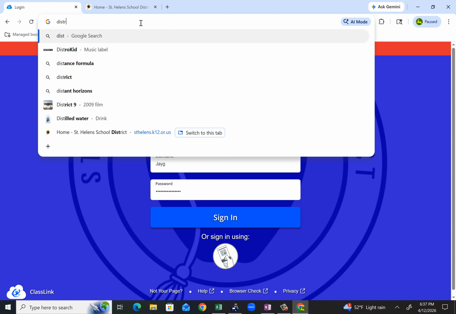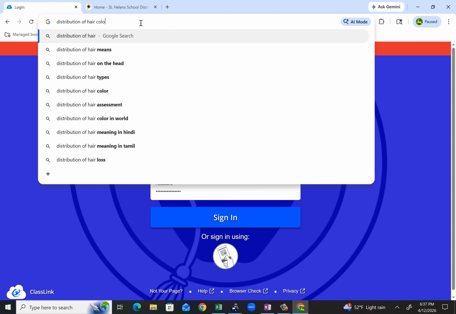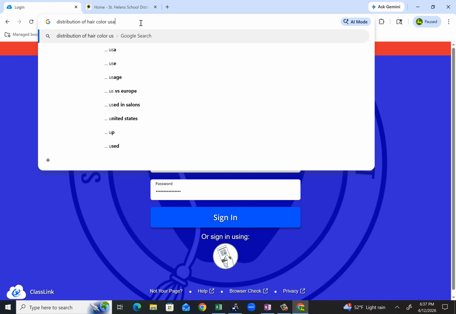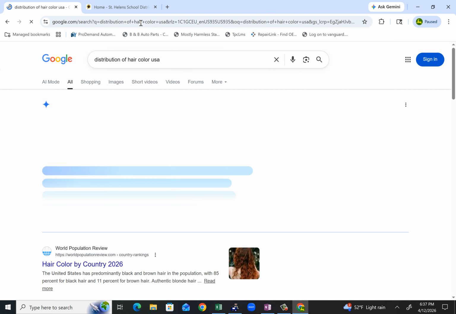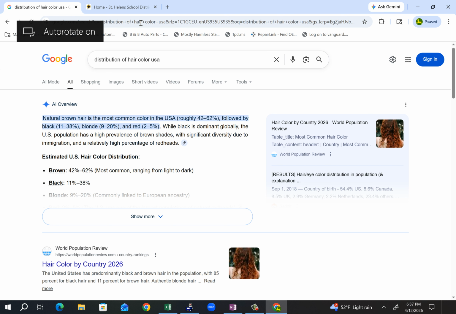Distribution of hair color USA. Let's say 50. Let's go. Let's just make this a nice even 60% brown. 60%. You dirty, rotten, no good scoundrel. Why aren't you working?